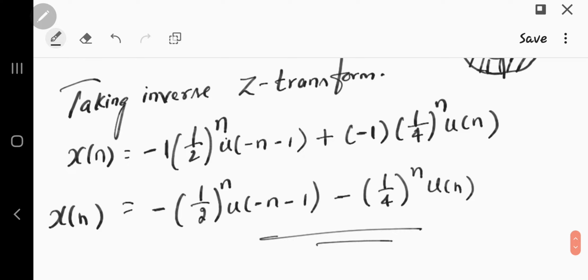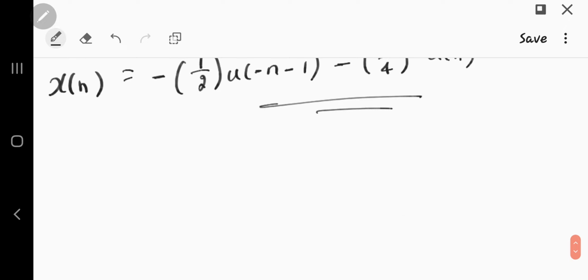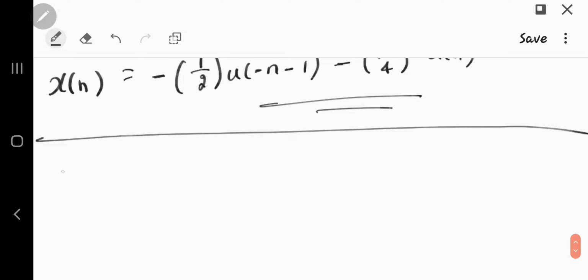Okay. Hope you have understood this partial fraction expansion method, and I will take some more examples in the next video. Now before going to that, I will give you a problem for you to try using partial fraction expansion.